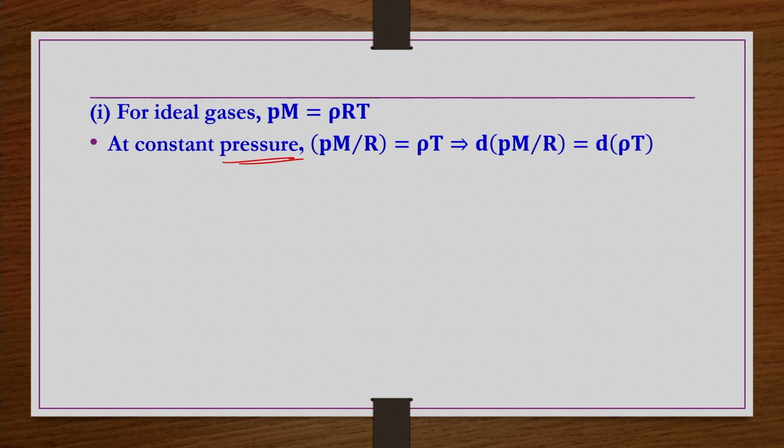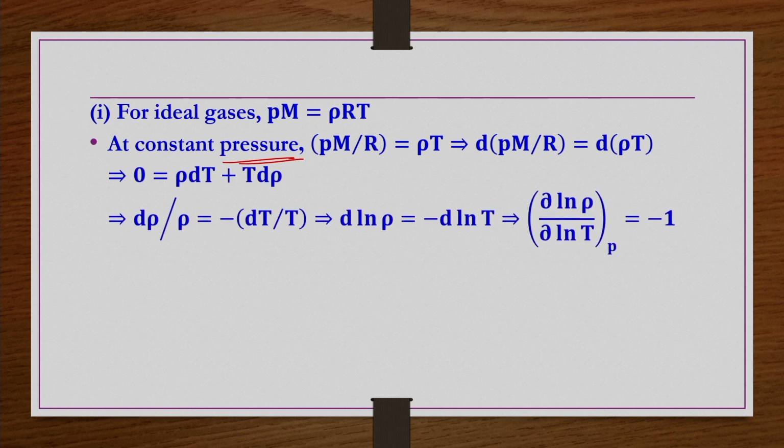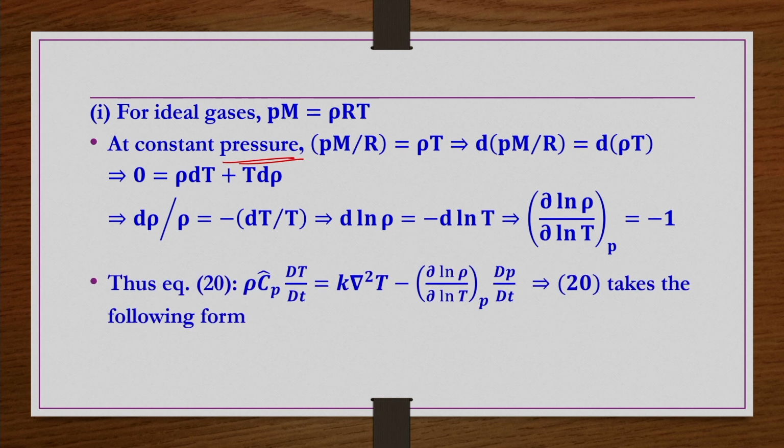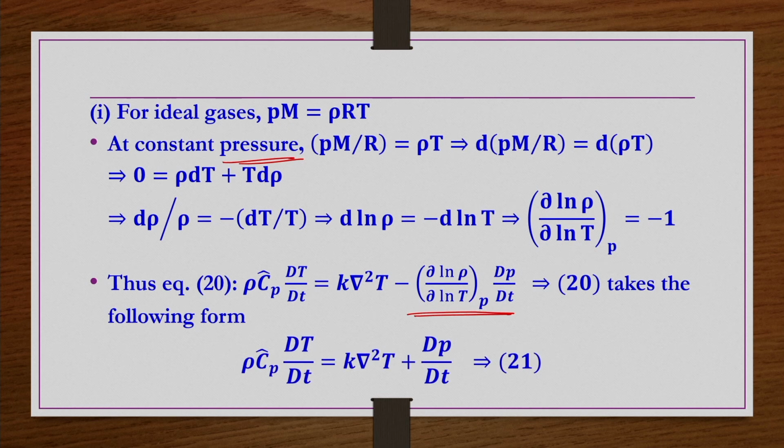So, the left hand side is equal to 0 and in the right hand side we have rho dT plus T d rho. If you simplify, you get dou ln rho by dou ln T at constant P is nothing but minus 1. If you substitute this in equation number 20, then we have rho Cp tilde capital DT by Dt is equal to k del square T plus dP by dt. This is what we are having.